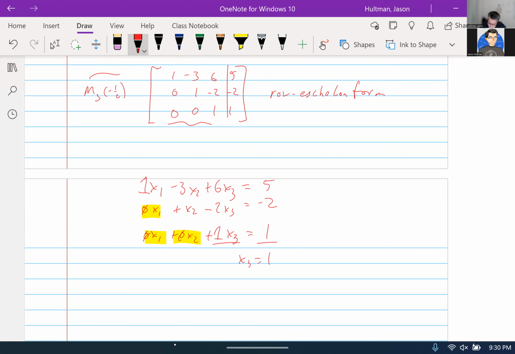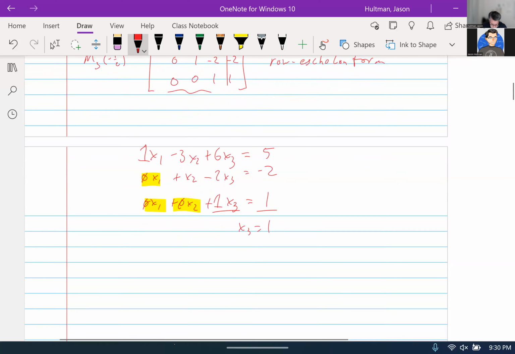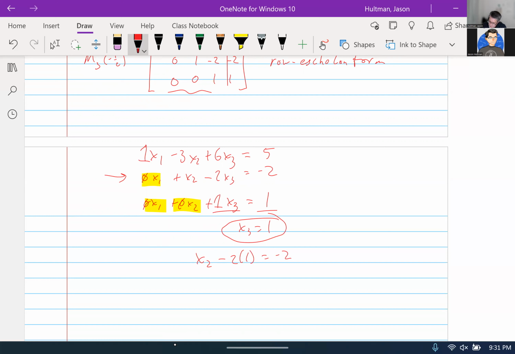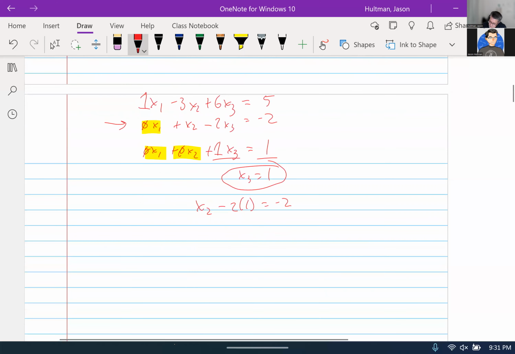Okay, and so now I can plug it into the second equation and say, well, x2 minus 2x3, well, what was x3? It was 1, is equal to -2. So now I can solve for x2. So this becomes x2 minus 2 is equal to -2.